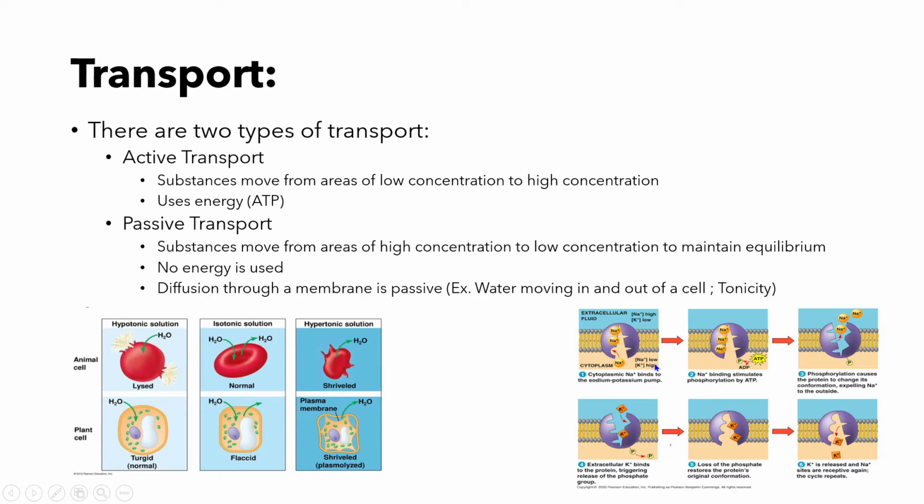So if you look at this diagram here, the cell wants to keep the concentration of sodium and potassium different. So it wants to keep a low sodium concentration and a high potassium concentration inside the cell, and a low potassium concentration and a high sodium concentration outside the cell.